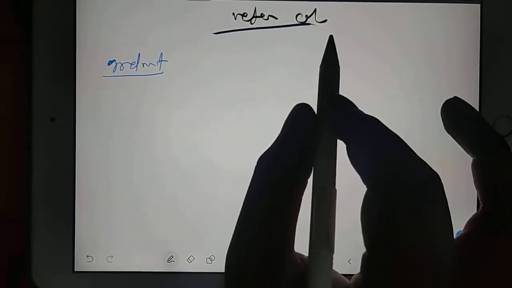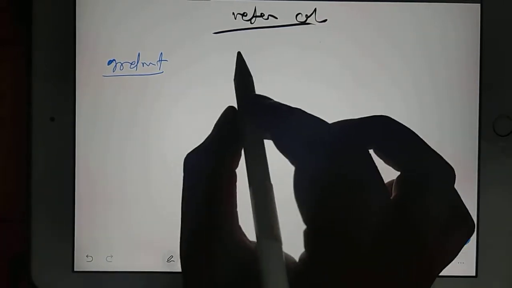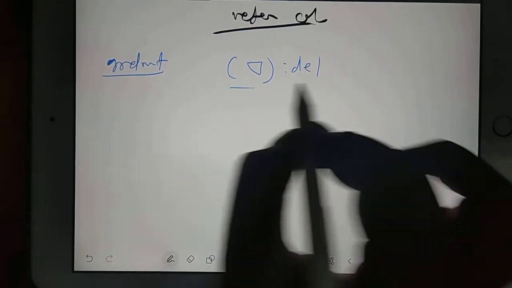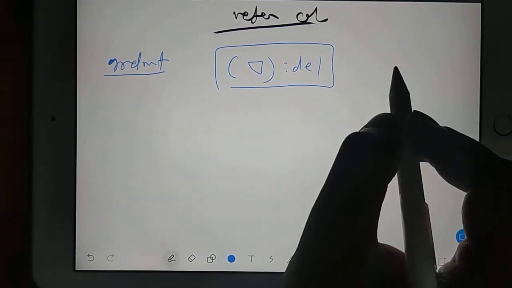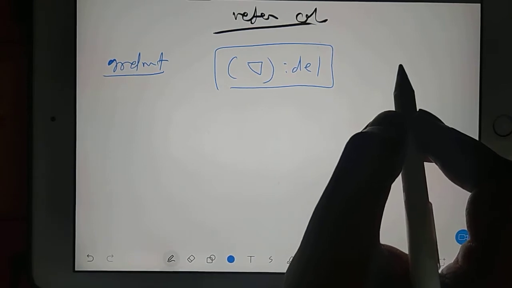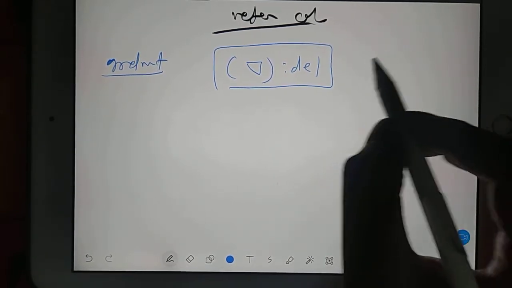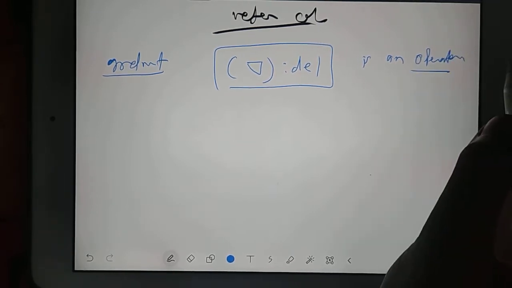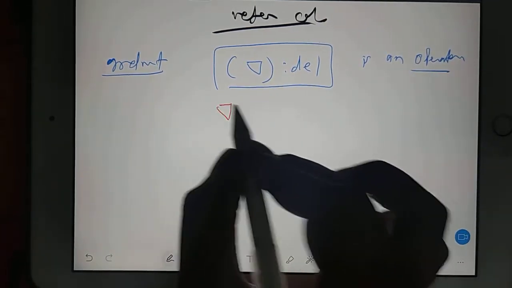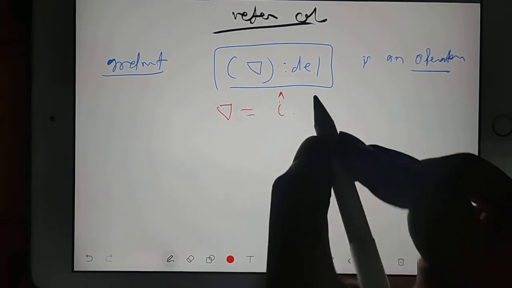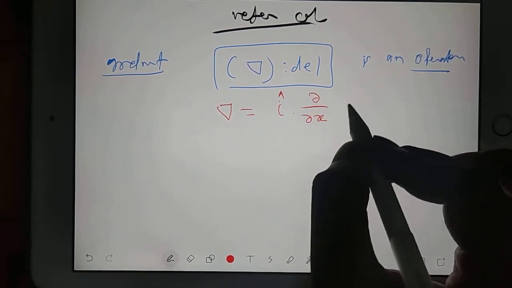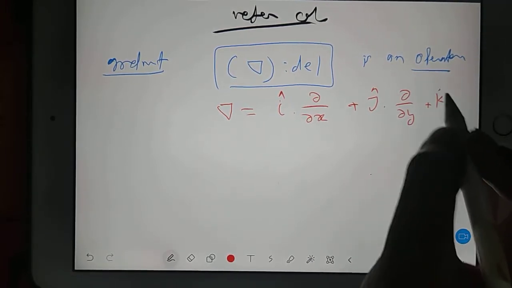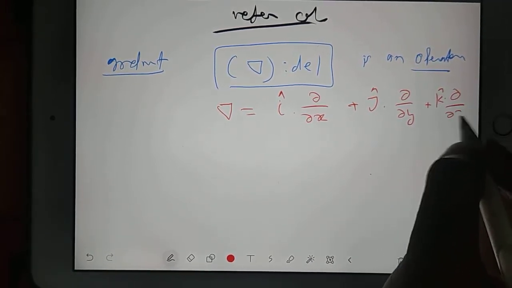First, understand the meaning of gradient. See, first thing, this operator is known as del, not Dell laptop. It is del, DEL, an operator, and it has its own value. Del equals i cap times dou by dou x, plus j cap times dou by dou y, plus k cap times dou by dou z.